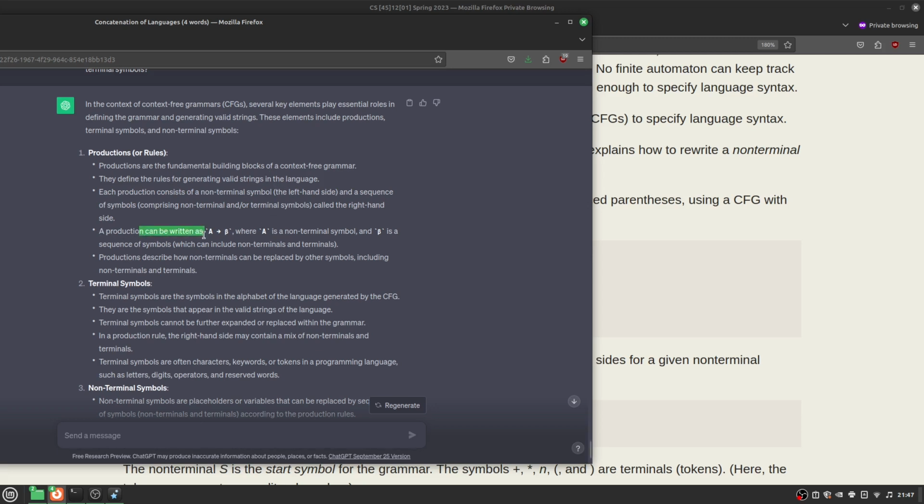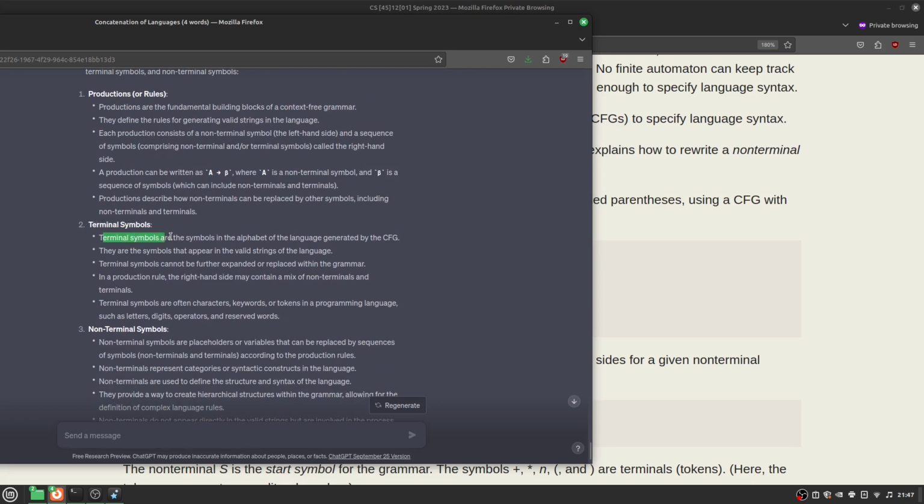A production can be written as A goes to beta, where A is a non-terminal symbol and beta is a sequence of symbols, which can include non-terminals and terminals. So what's a terminal then? Productions describe how non-terminals can be replaced by other symbols, including non-terminals and terminals. Okay, so they're like a formula, essentially.